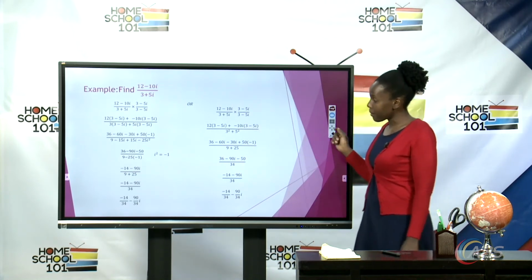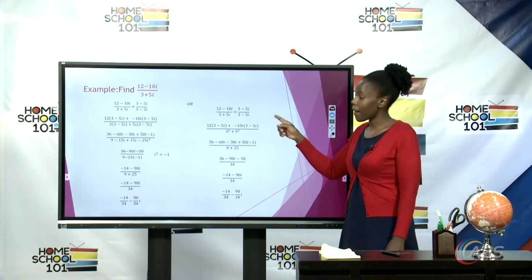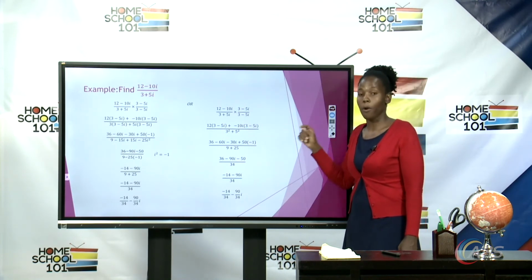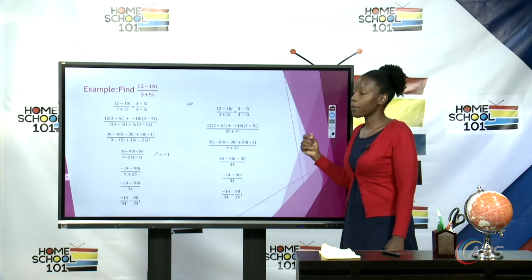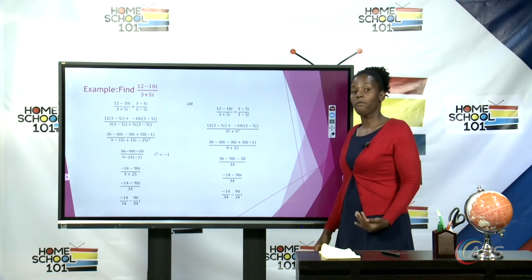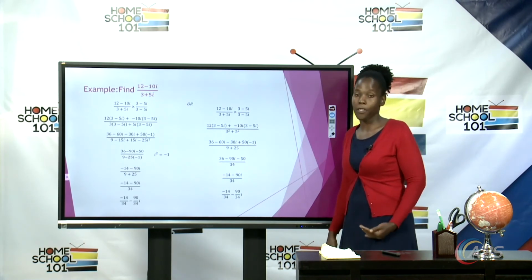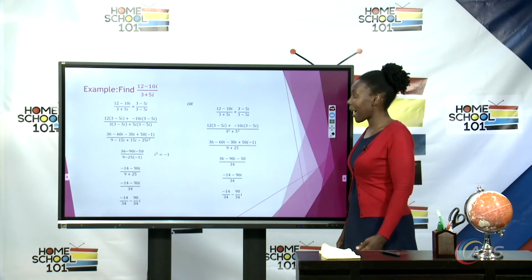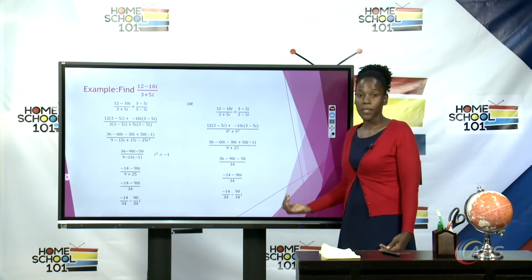So in this case, if we multiply the complex number by its conjugate, essentially what we're doing is squaring the real part plus squaring the imaginary part. So 3 squared would give us 9, and 5 squared would give us 25.